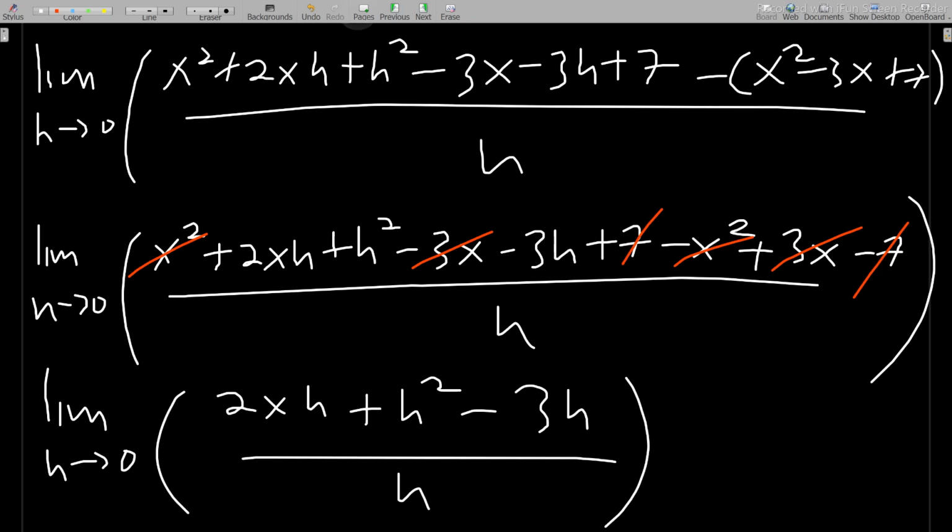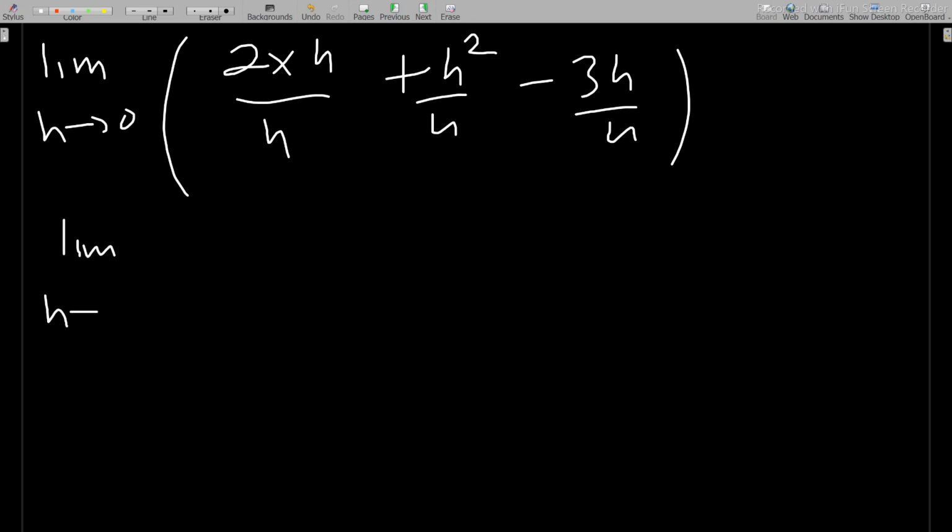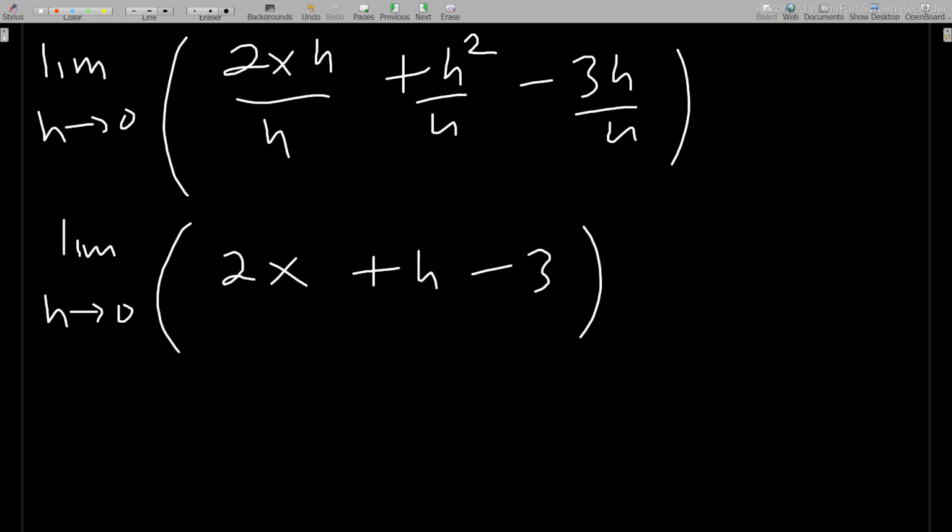And so we can use our idea of fractions here. So this tends to the limit as h approaches 0 of 2xh over h plus h squared over h minus 3h over h, okay? So the whole of this will then be the limit as h approaches 0 of 2x plus h minus 3.